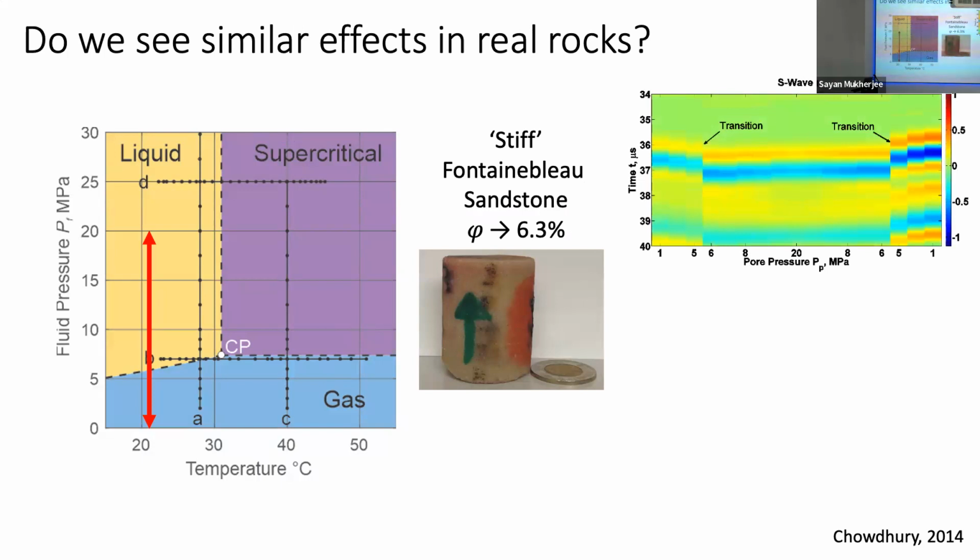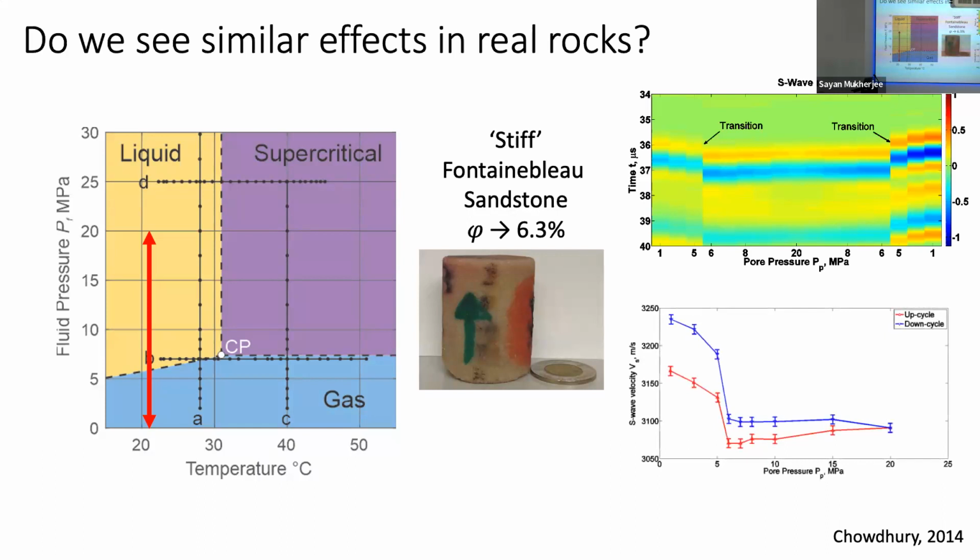So here we started at low fluid pressure, went through the transition, continued up here in the liquid, right, and then we lowered the pressure again, and then bang, back again as we cross the gas fluid transition. So we're seeing that transition really nicely there. That's the P wave. One thing I want to note: this was the first cycle going up, and here is the cycle going down.